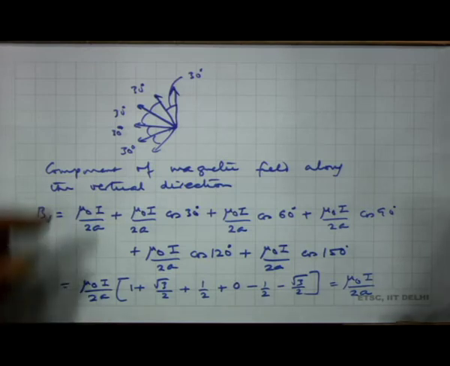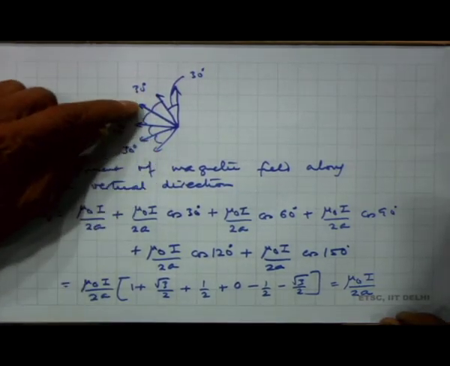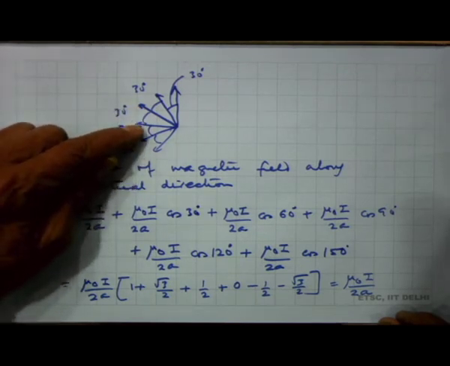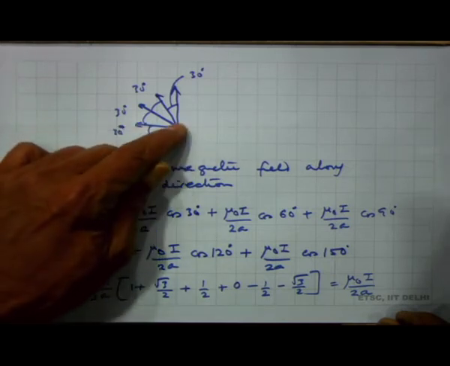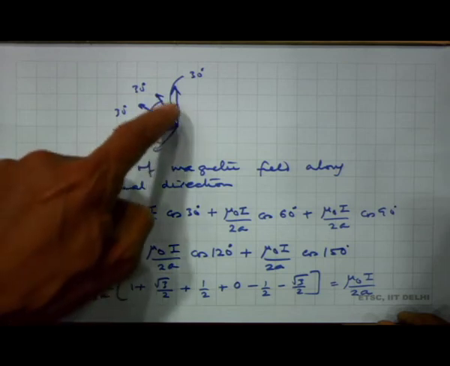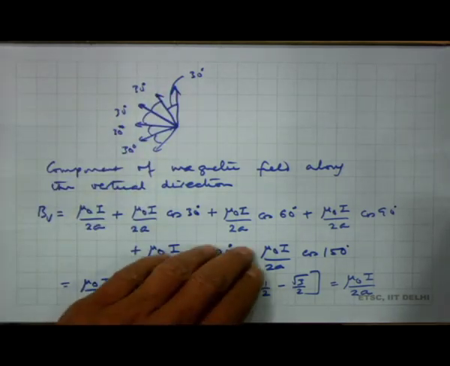So, what is actually happening is the vertical component of this field is cancelling the vertical component of this field, there is no net vertical component from these. So, the total vertical component is nothing but the magnetic field produced by the horizontal coil, which is essentially vertical, and it is mu naught I by 2a.